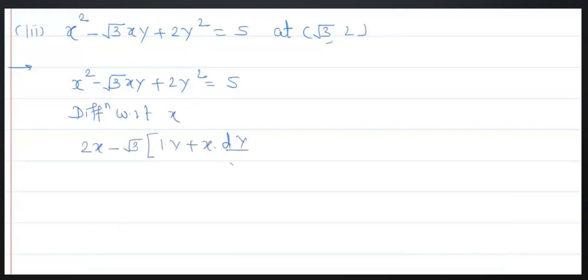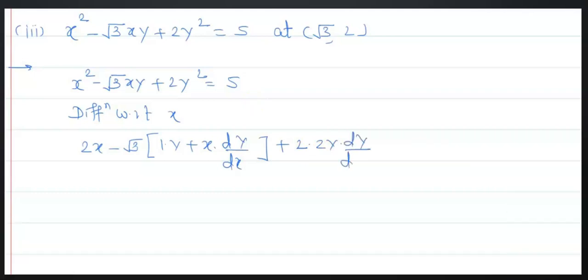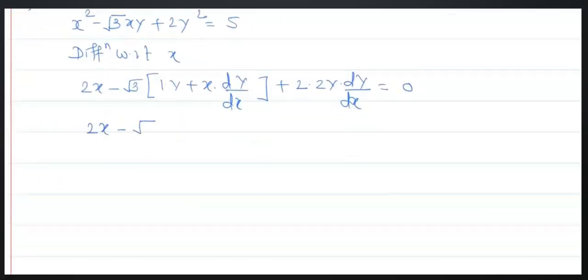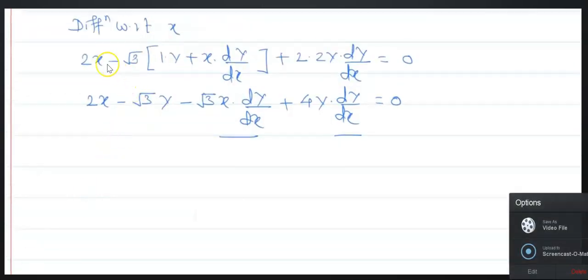That is 2x - √3(the derivative of x is 1, into y, plus x into dy/dx), the derivative of 2y² is 2y into 2, and the derivative of 5 is 0. On multiplication we get 2x - √3y - √3x dy/dx + 4y dy/dx = 0.